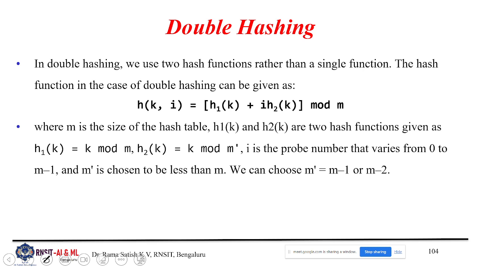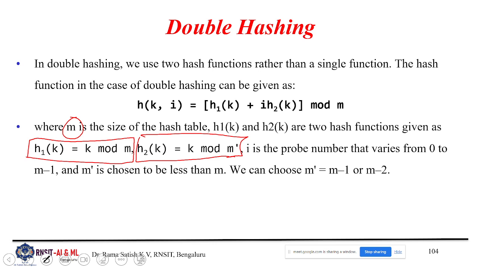You can see here, m is the size of the hash table. h1 of k and h2 of k are two hash functions. h1 of k is written as usual, k mod m, and h2 of k is calculated with m dash.